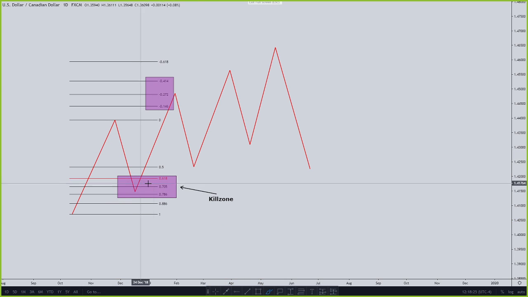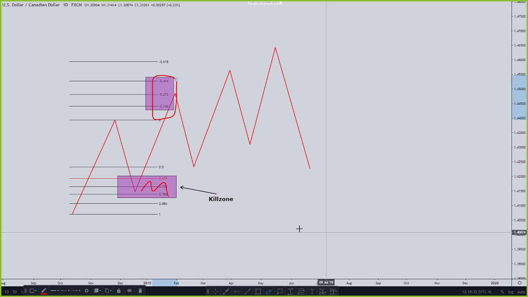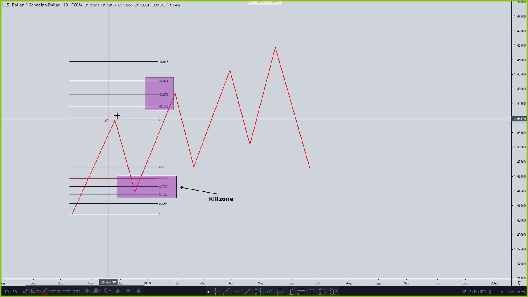And whenever I enter my buy in the kill zone, this is usually where I'm targeting, these levels right up here. And in the real examples with the candlesticks that I'll show in a minute, you guys will see that time and time again, we will see that retracement into the kill zone, and then we will see price expand going beyond that previous high and reacting somewhere within these areas right up here.